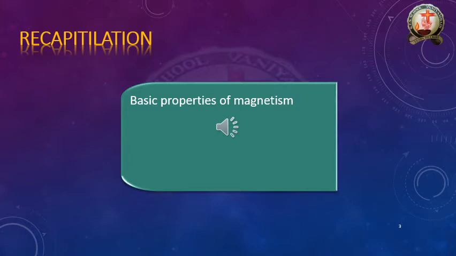And next one is the magnetic field. The region or space around the magnet is called the magnetic field. Anywhere in that region, at any point in that magnetic field region, we need to find the magnetic field. What is the definition of the magnetic field at any point?